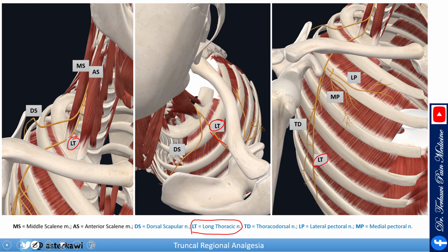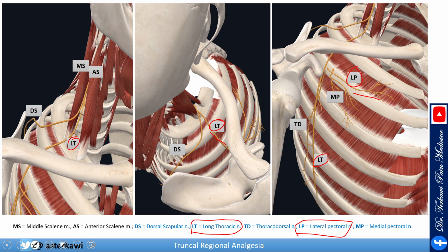Then the next important nerve is the lateral pectoral nerve, which is this one here. It originates from the lateral cord of the brachial plexus, specifically C5, 6, 7. It pierces the clavipectoral fascia to reach the deep surface of the pectoral muscle, as you see here.